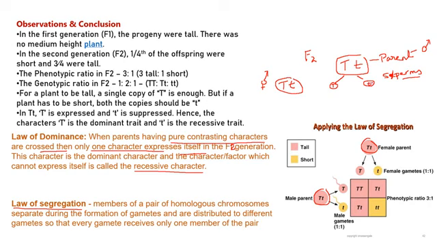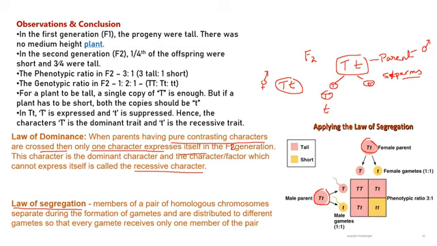These traits are dividing independently and going to different gametes. This segregation of the characters separately into different gametes is known as the law of segregation. Here also the female gamete will produce the capital T and the small t.